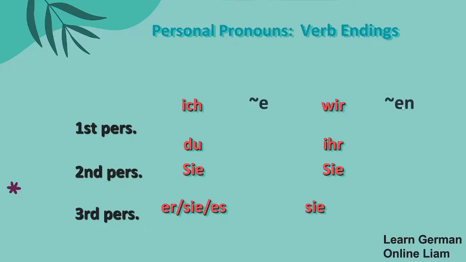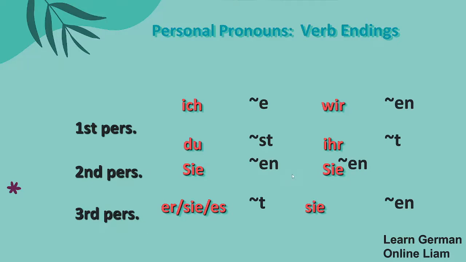So the ending en will be used in wir and in all Sie. Let's add the base verb form to these verb endings. Mostly 80 to 90% of all the verbs will follow the same rule. If there are any exceptions, don't worry about that. Let's try to understand this and remember this.